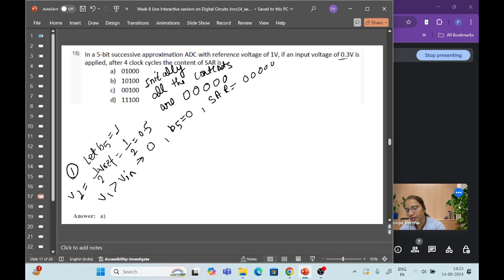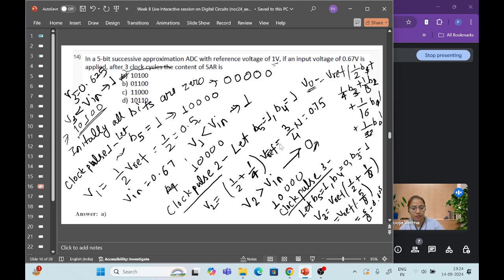Okay. Now check for the next clock pulse. Let V5 is equal to 0. Already we have done that. But V4 is equal to 1. Now check for the voltages, that is, now the next one is 1 by 4 into V reference. That part you can check by that formula. Already I have written it in the previous slide.